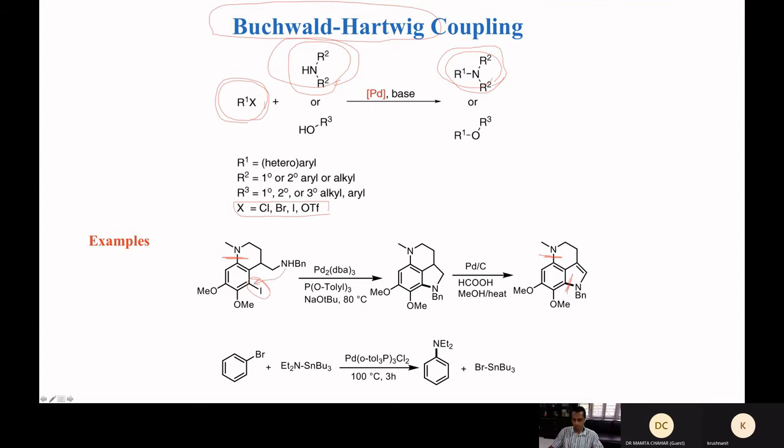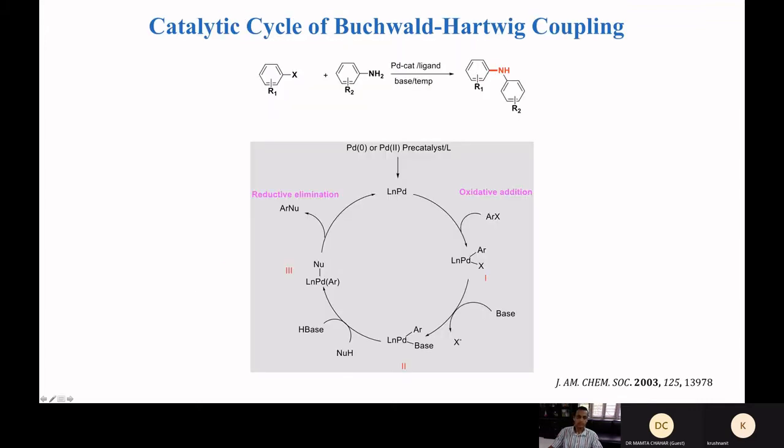So to speak, if you have aryl halide, such as it is written here, so benzene ring and X, like bromobenzene, or chlorobenzene or iodobenzene, and you take a simple amine such as aniline, this is your starting aniline, then you can form a new carbon nitrogen bond.